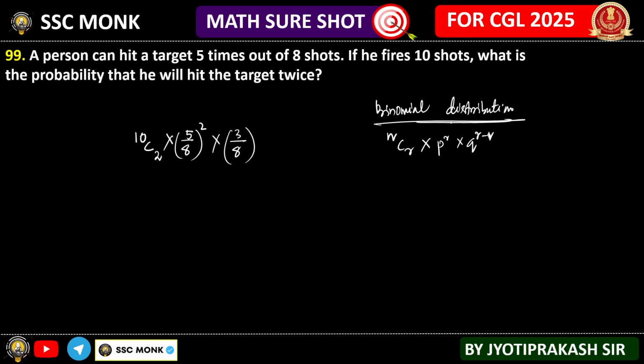Then n minus r, that is equal to 10 minus 2, that is equal to 8. So when I solve it, I'll get the answer. Clear? So 10C2 can directly be written as 10 into 9 by 2, or 45, directly into 5 square into 3 to the power 8 divided by 8 to the power 10. So this is how you can directly answer the question.